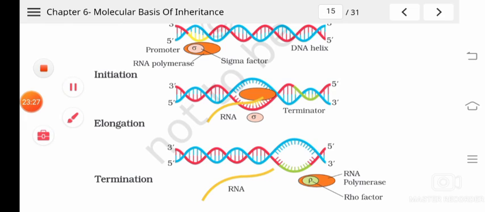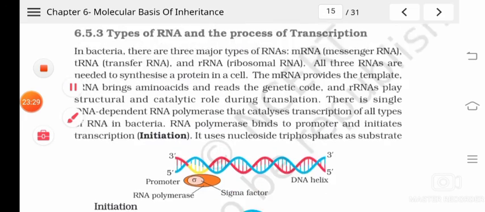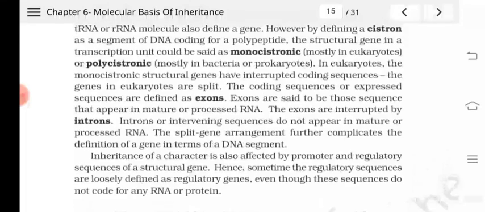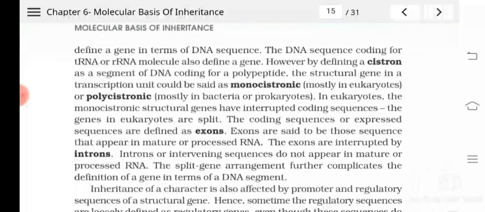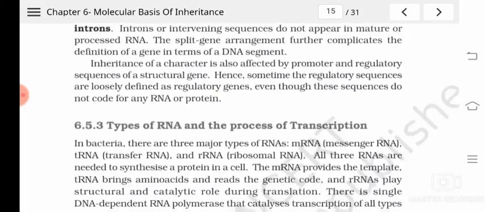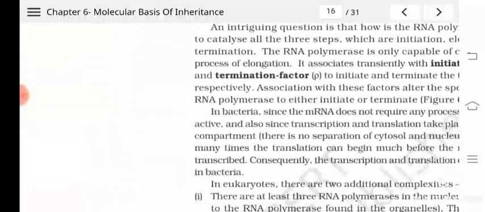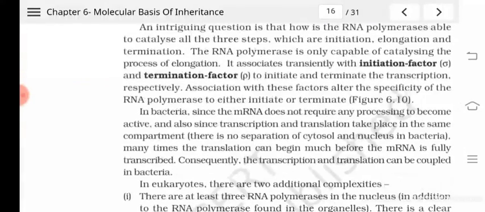Is it clear? So these are the topics that we have to study here. So in this, so many questions are there in between the lines, so you please go through that. Okay, what are the differences between exons and introns, then how the cistrons of prokaryotes and eukaryotes are differing, explain the process of transcription, what are initiation factors and termination factors.